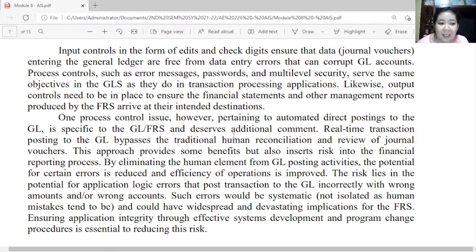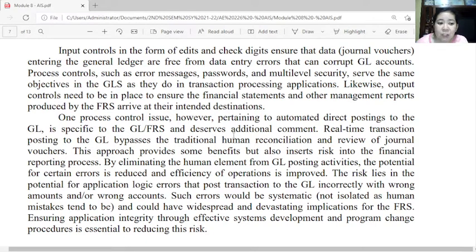So the risk lies in the potential for application logic errors that post transactions to the general ledger incorrectly because there is no independent verification. Okay, it may be with wrong amounts and wrong accounts. So such errors would be systematic, okay, and could be widespread and have devastating implications for our financial reporting system.